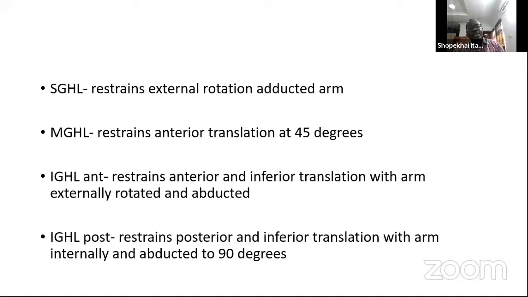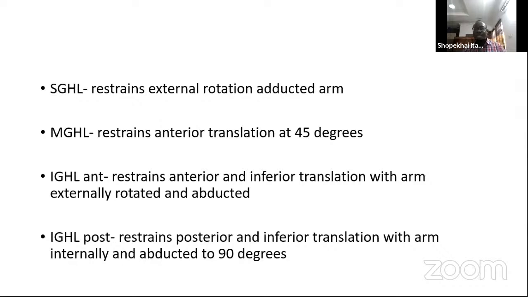I want to look at each of the glenohumeral ligaments and talk about the points at which they give their restraints. The superior glenohumeral ligament restrains external rotation in the adducted arm. That is, with your arm by your side, the superior glenohumeral ligament is the one acting the most.